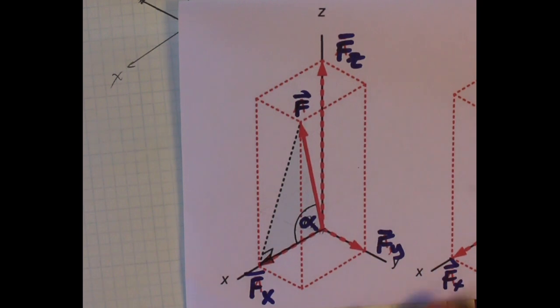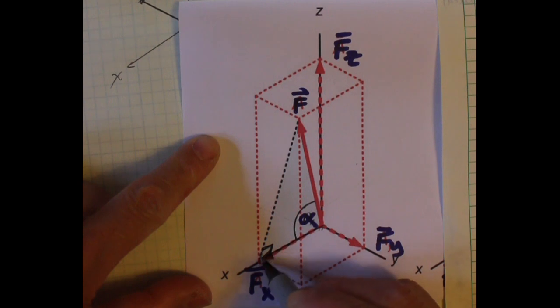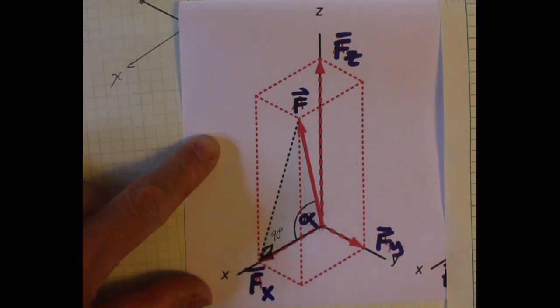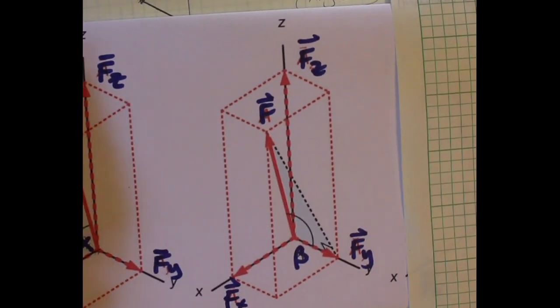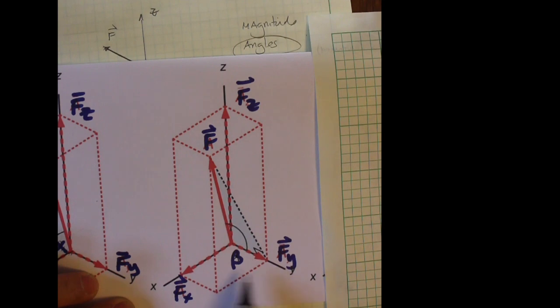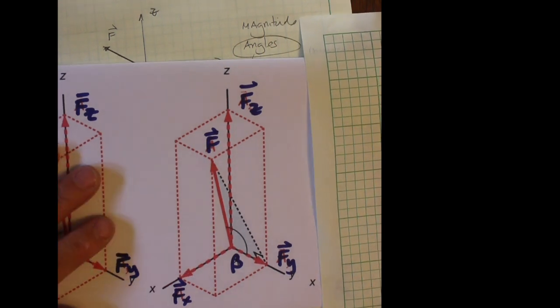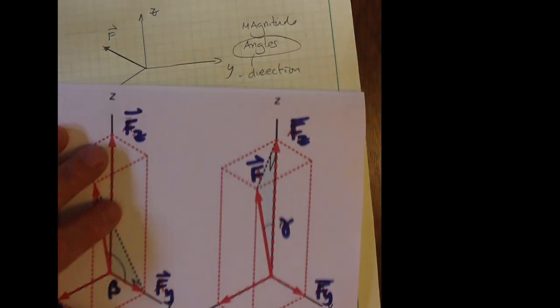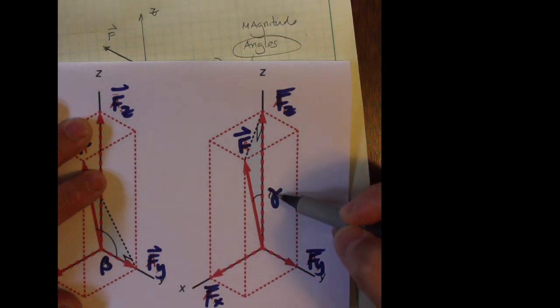So with that demonstration, now we can go to a generalized picture such as this. We know that this is 90 degrees. I just showed that to you in my model there. And now what we can do is determine the angle that the force vector F makes with the y-axis, and we'll call that beta, and again this is 90 degrees. And finally, the angle that the force vector F makes with the z-axis is called gamma, right?